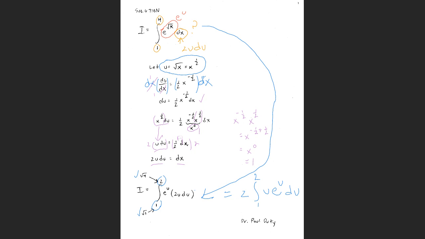I had a question. How did you get from du equals 1/2 x to the power negative 1/2 dx?